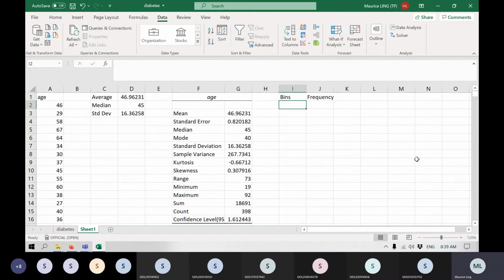Since my minimum age is 19, I may want to decide that my first bin is less than 20. Then I can go 20 to 29.9, 30 to 39.9, 40 to 49.9, 50 to 59.9, and so on.